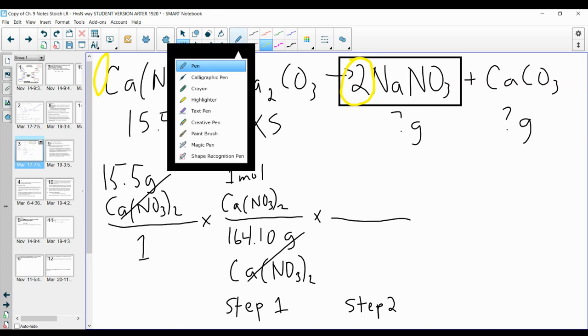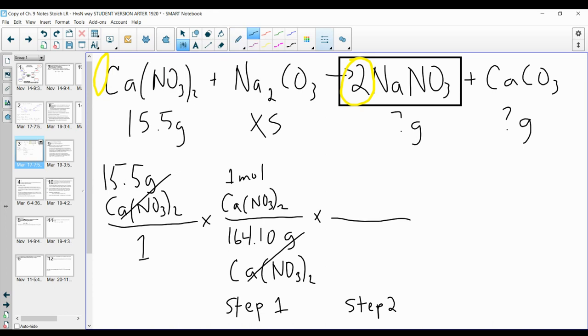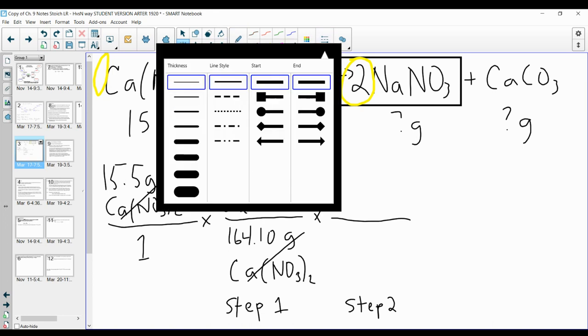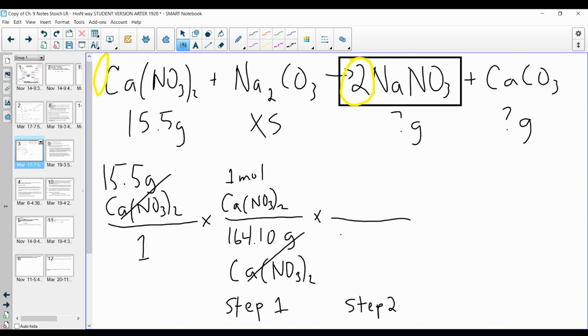My coefficient for the Ca(NO3)2 is going to be 1. And that's going to go on the bottom because we want to cancel the unit of the Ca(NO3)2. So those are now canceled. And now I can put the moles of the compound that I want up on top. So you'll notice that my units line up to where I'm no longer in Ca(NO3)2. I am now in NaNO3.